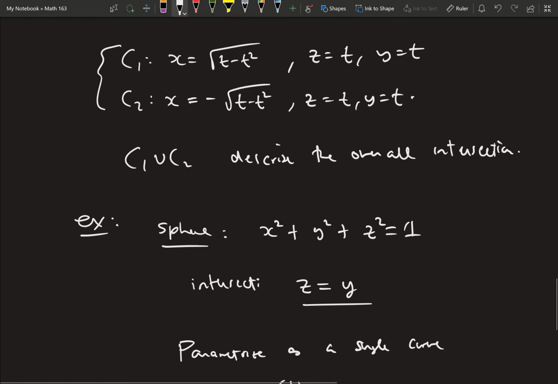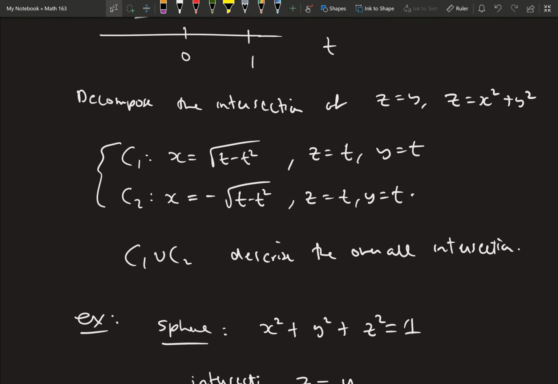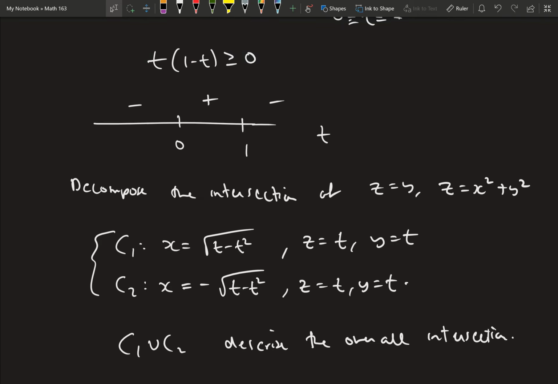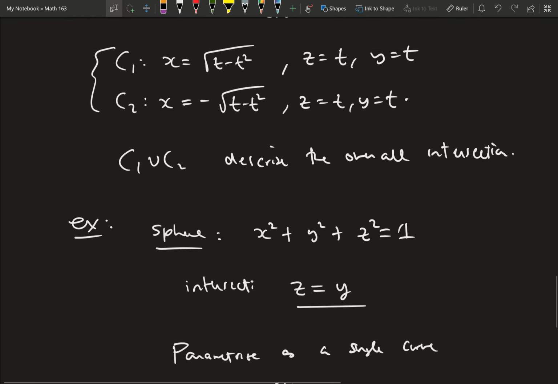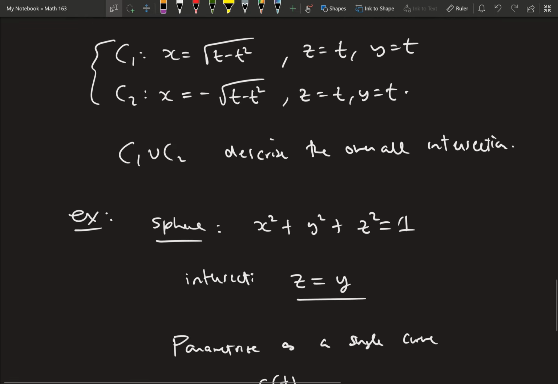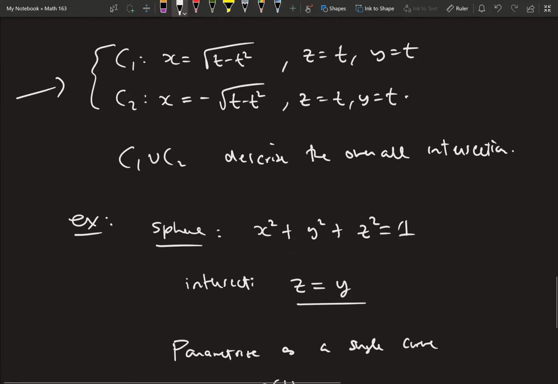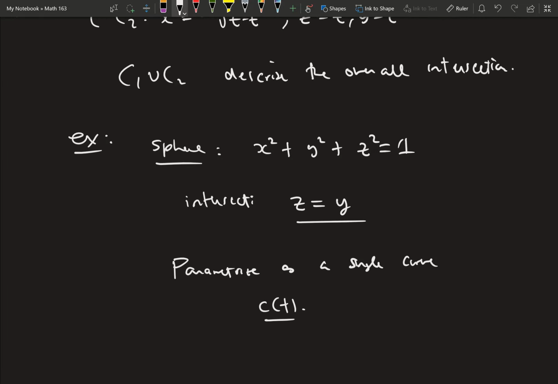In the previous example, I suppose it's possible to write this as a single curve, but it is a bit more challenging to do this as a single parameterization. It's probably possible, but a priori I don't see it. This one is a little bit more straightforward to parameterize, the sphere one that I'm given. And so go ahead and try that.